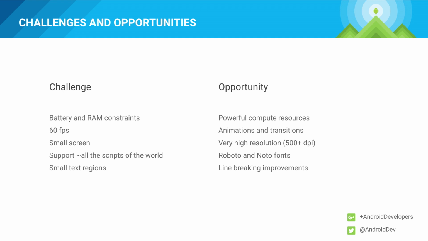And then, I'm going to talk about some of the line-breaking improvements, some of the paragraph layout improvements in Marshmallow, and those were really motivated by a need to get this working in very small screens like watch faces.